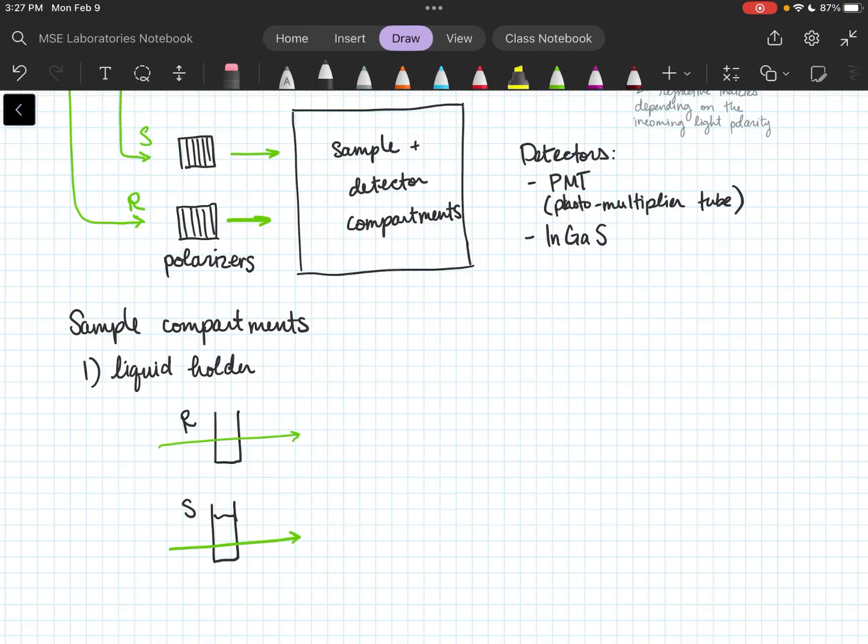I could put water in my reference and water plus detergent in the sample. So that's very sample specific how we handle that. This measures only transmission. Assumes no reflectance.